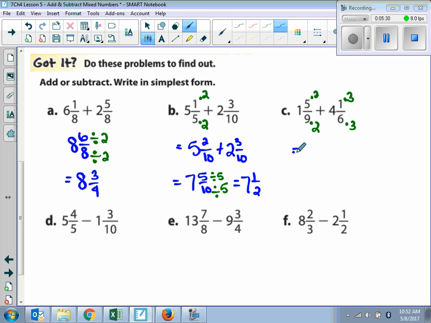When we rewrite, we end up with 1 and 10/18 plus 4 and 3/18. When we add the whole number parts, 1 plus 4 is equal to 5, and 10/18 plus 3/18 is equal to 13/18.